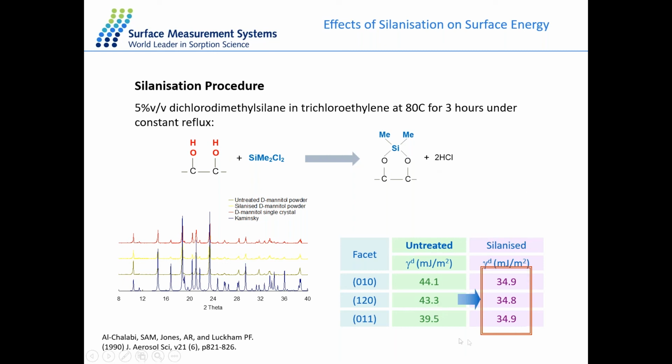In this case, we've calculated the surface energy, and what we can see is that we have a significant decrease of dispersive surface energy on all facets of the D-mannitol.